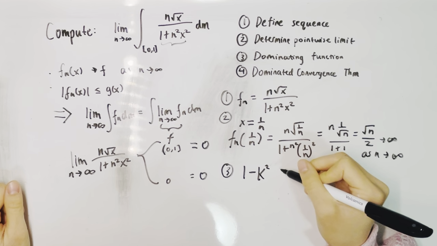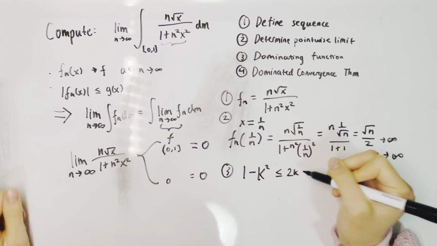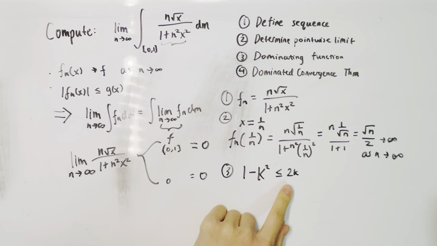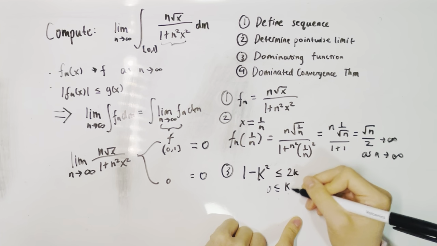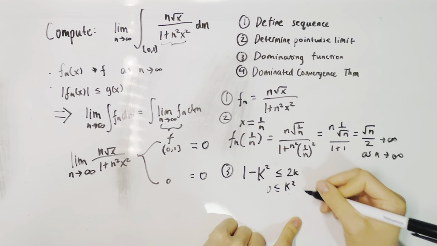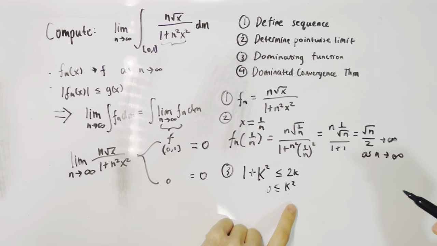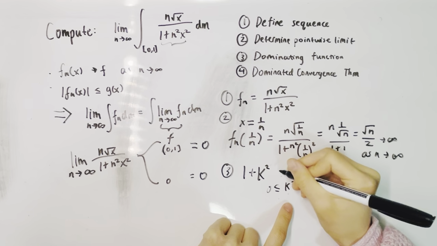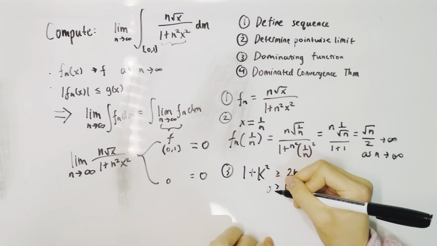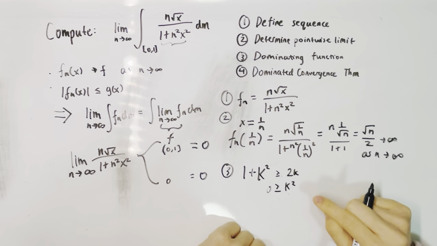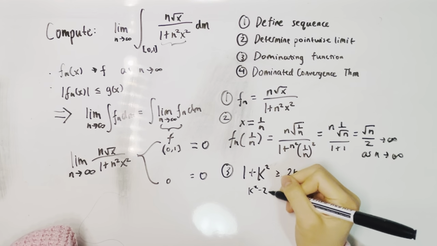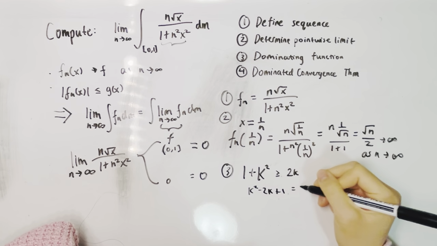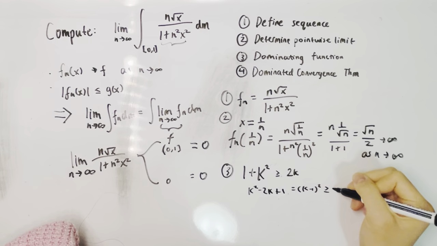Remember that 1 plus k squared is always greater than or equal to 2k, and that's because k squared minus 2k plus 1 is equal to (k minus 1) squared, which is greater than or equal to 0.